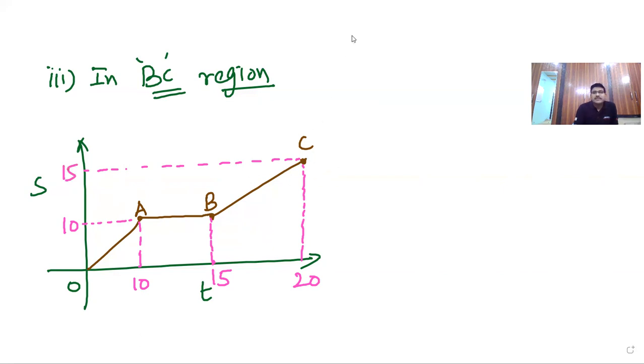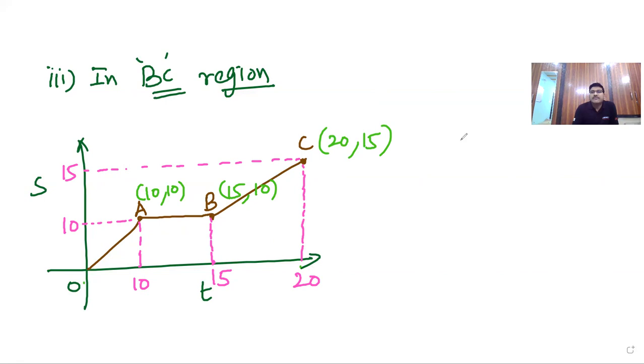So here I highlight the coordinates: A is 10, 10; B, x is 15 and y is 10; C, x is 20 and y is up to this point from the origin. So we need the BC region.